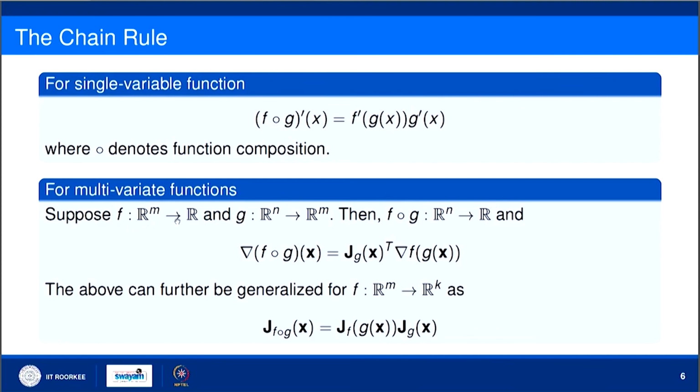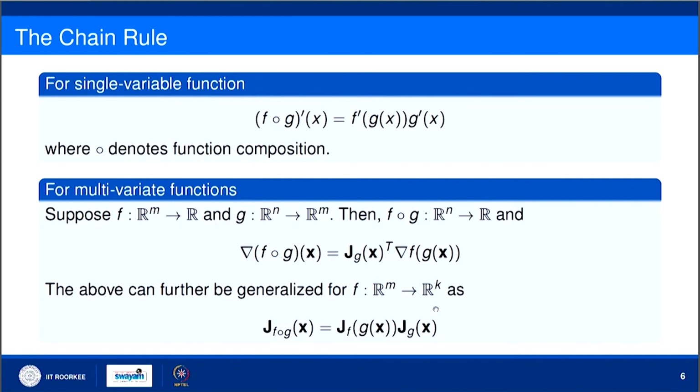Suppose f is from Rm to R and g is from Rn to Rm, then for the composition from Rn to R, the gradient is nothing but the Jacobian of g transpose into the gradient of f at g(x). This can be easily obtained using calculus of single variable functions and the definition of Jacobian and gradient. This can be further generalized for functions from Rm to Rk as the Jacobian of f∘g at x being the Jacobian of f at g(x) into the Jacobian of g at x.